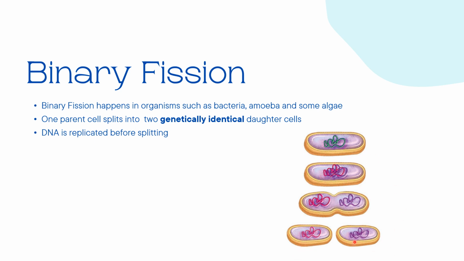So these two daughter cells are genetically identical to this parent cell. On this next slide, I've got a video of bacteria reproducing via binary fission, and it's pretty interesting. It goes for about a minute, so have a watch.